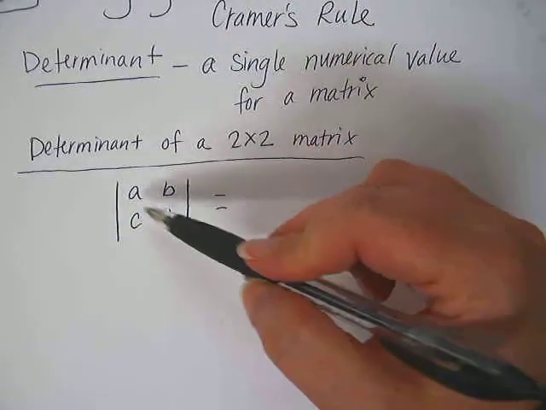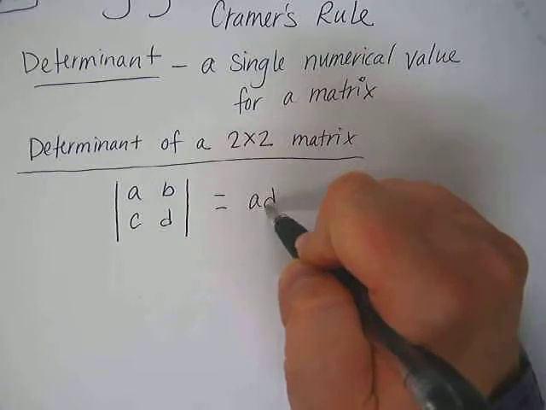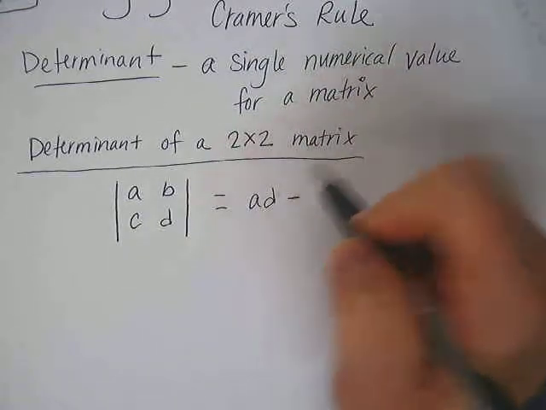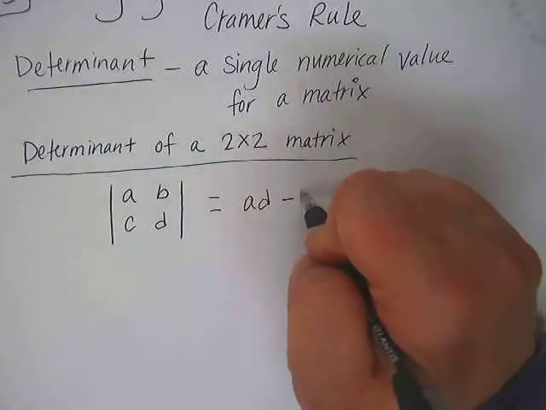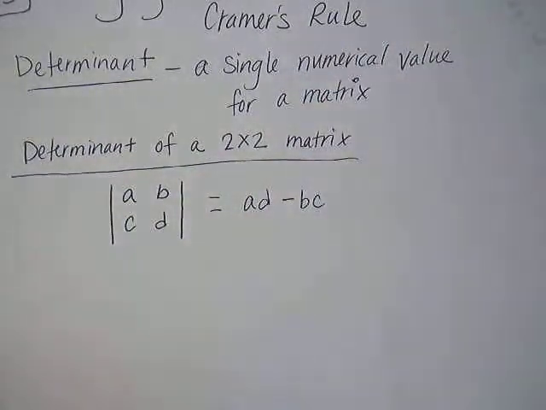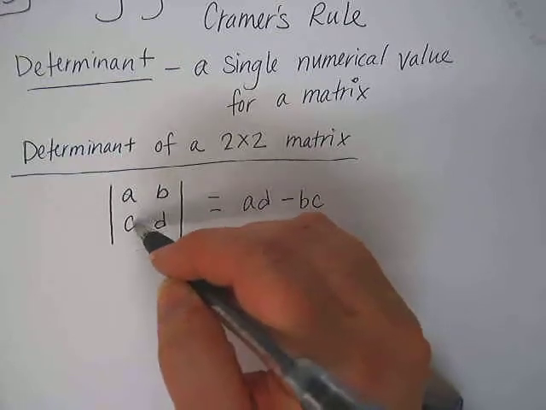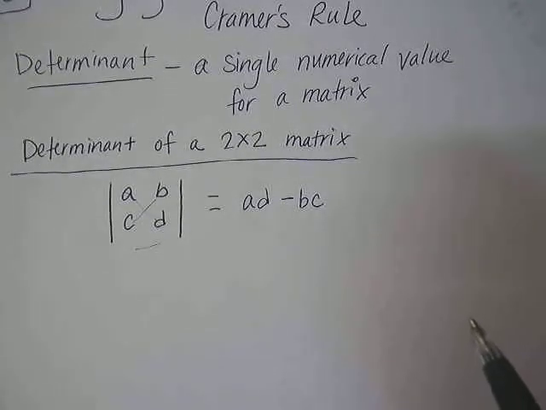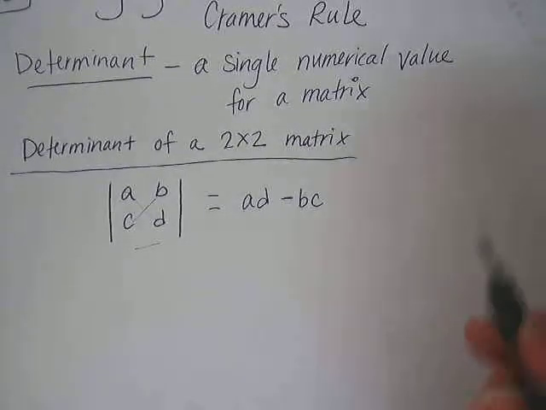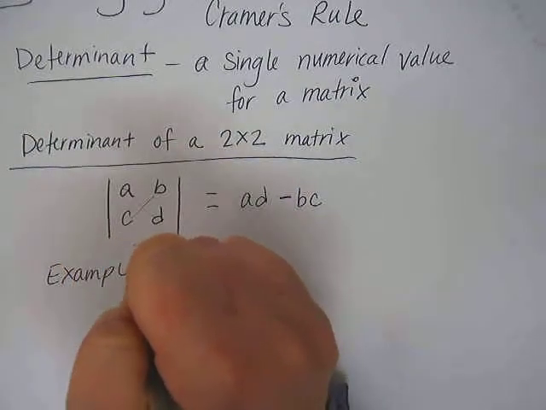And the process of doing that is you multiply these two numbers together, A times D, and then you subtract the product of these two numbers. So it's like you multiply this diagonal and you subtract that diagonal. Okay. So let's do a quick example.